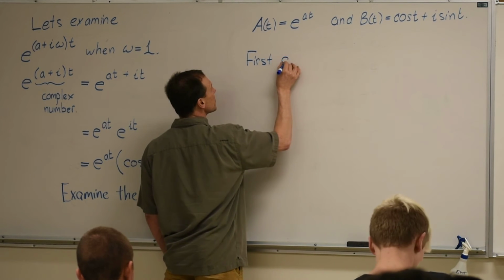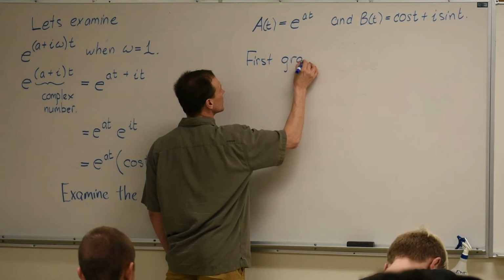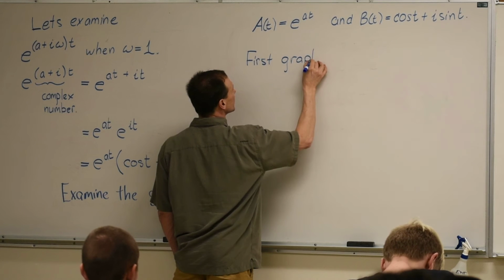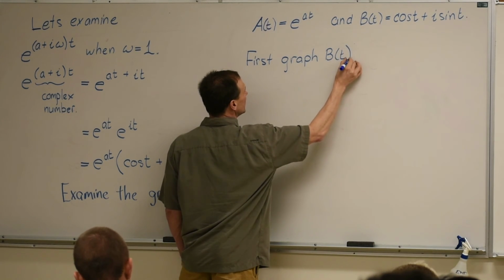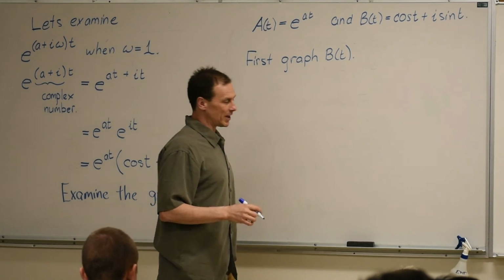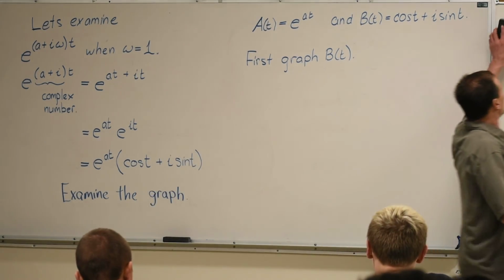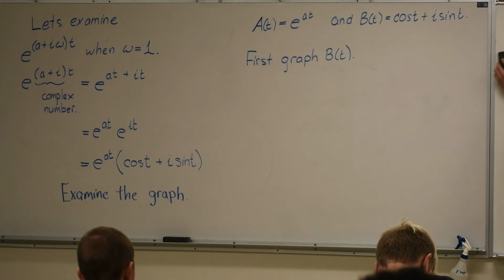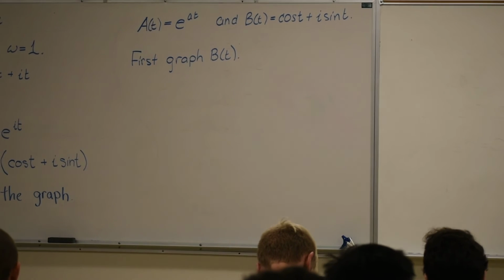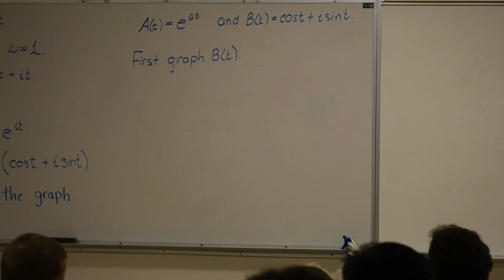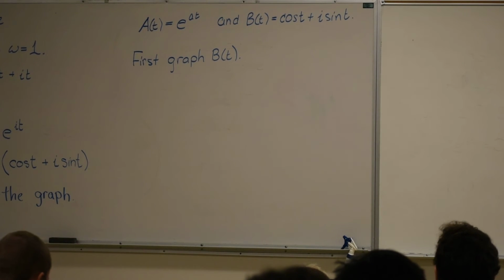First graph B of t. So in order to do this, I'm going to make a table over here. So we're going to graph that. I'm going to take up all of that space, and all of this space. So make sure you've got some room on your page, room for your graph, room for a bit of a table.